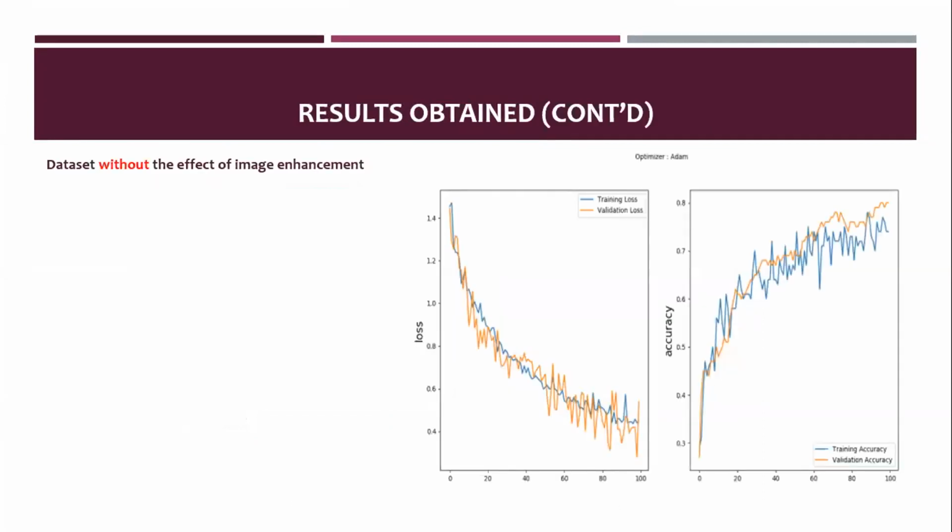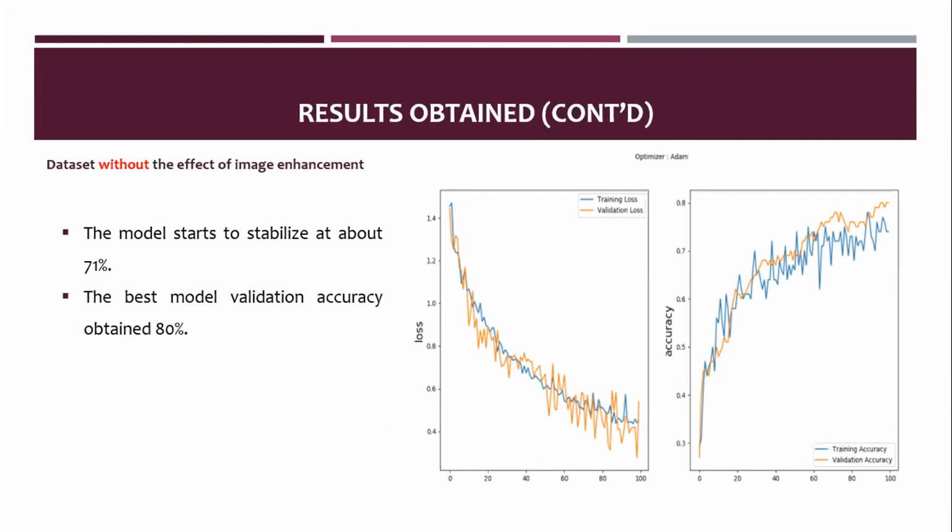And then now, without the effect of image enhancement, the model starts to stabilize at a region of 71%, and then after several trainings, the model can start making predictions at 80% during the training.